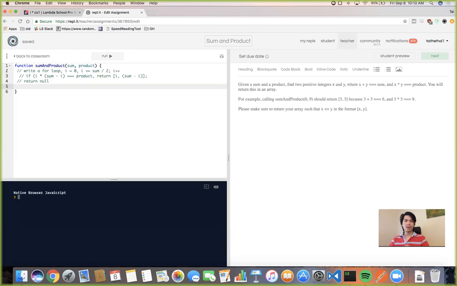Right. So let me crack open my tests and see what I can get. So for let i equals 0, i is less than or equal to the sum divided by 2, i plus plus. Because we know that it's a positive integer.